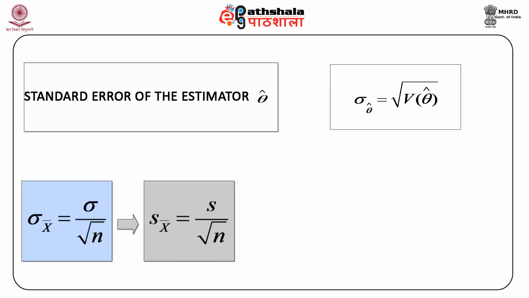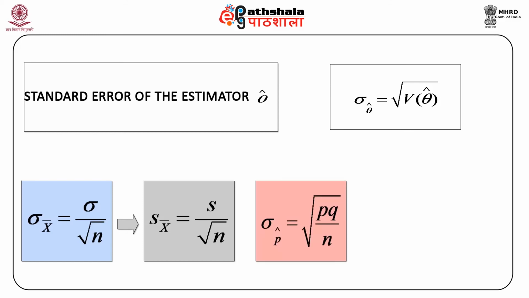Similarly, the standard error of the distribution of sample proportions is sigma p hat and is equal to under root of pq by n, with unknown parameters p and q equal to 1 minus p.